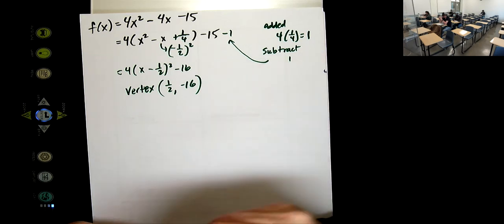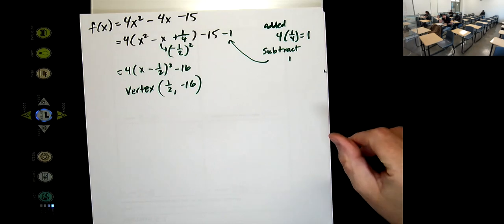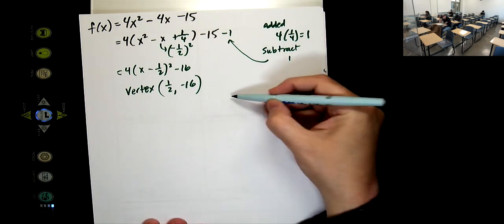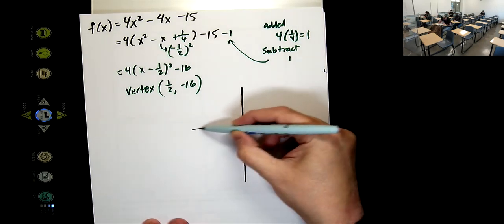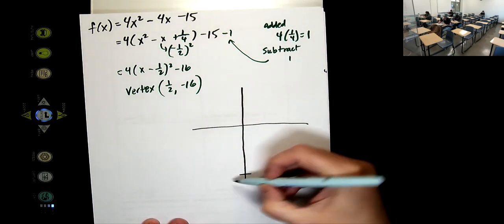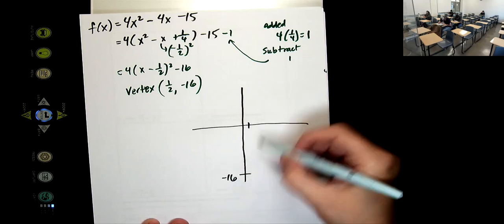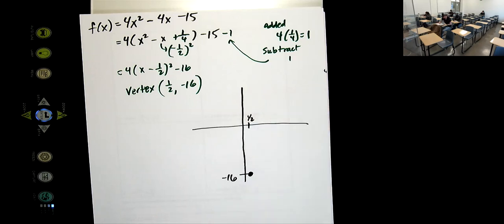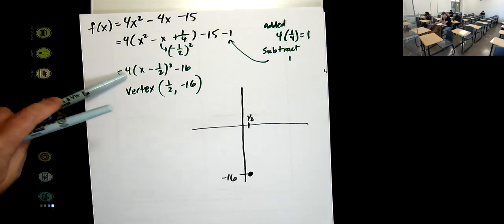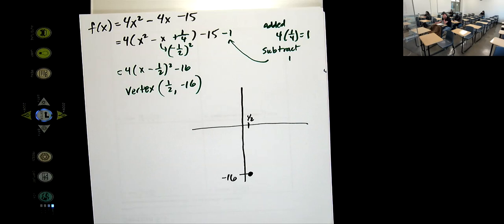So if I wanted to graph it, this could be a pain to graph, right? Even with grid lines, going over 1, up 1, or up 4 is going to be a pain. So if you want to speed up graphing, there are other things you can do.